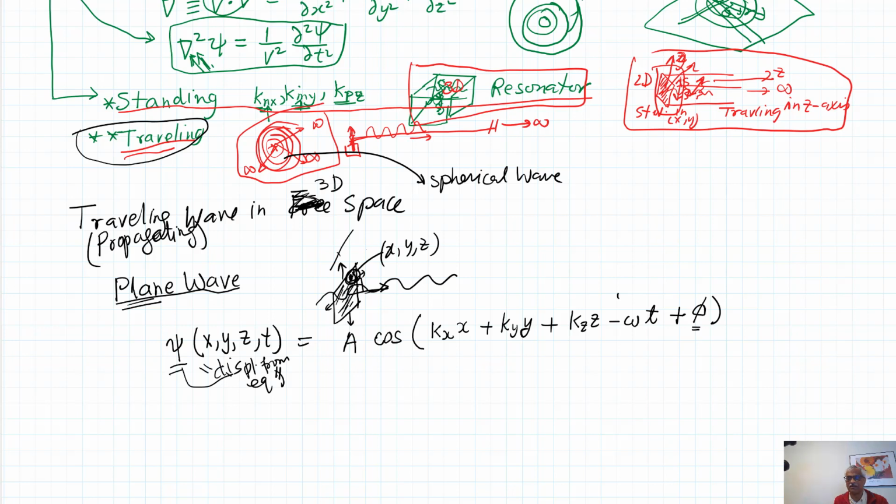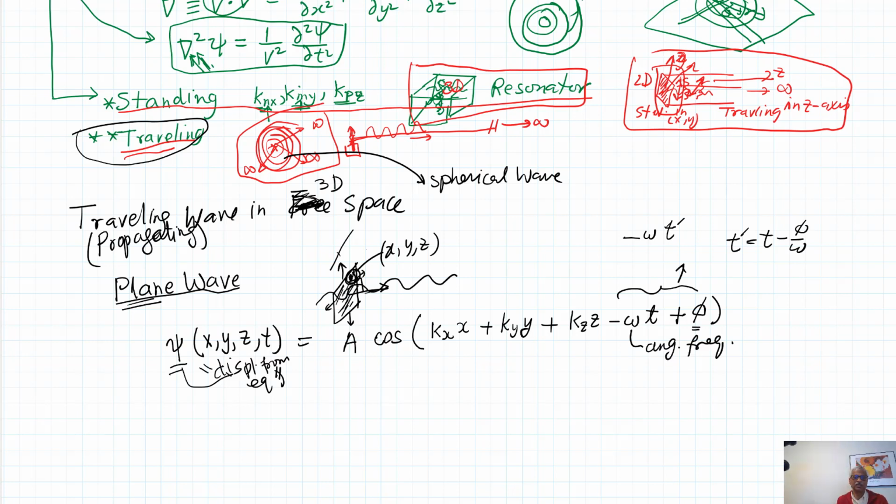For instance, you can say this is simply minus omega t prime. So instead of using t, I'm going to use a t prime, and t prime is my original t minus phi over omega, and omega is a particular frequency. So this is the angular frequency of the wave.